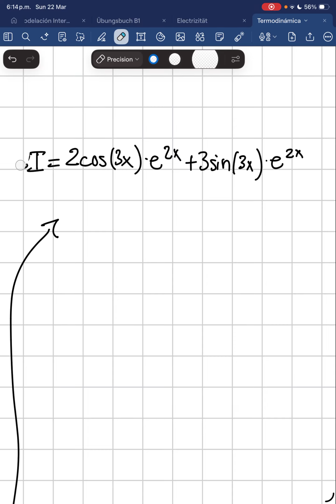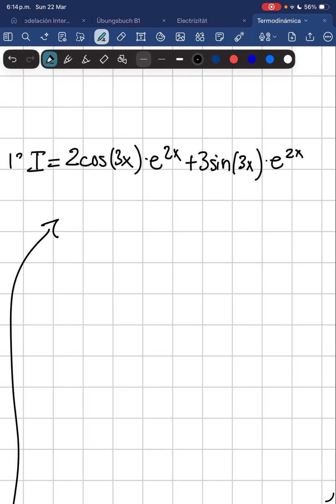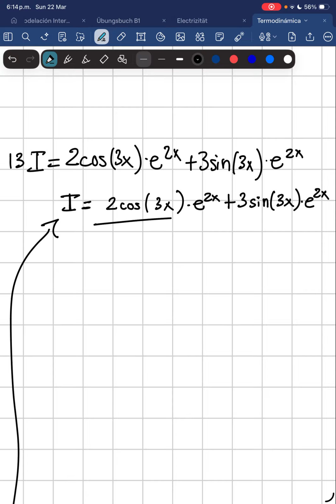Okay, this is 13, this is 13, and our final result lies here, which is only 13 dividing all our expression.